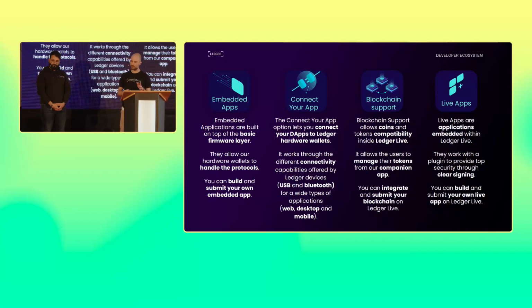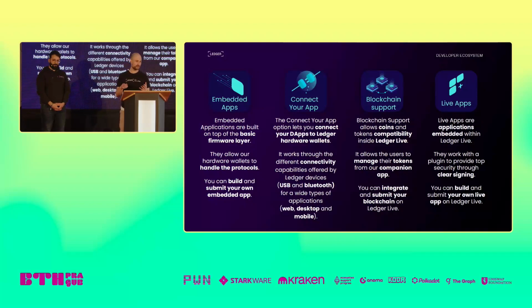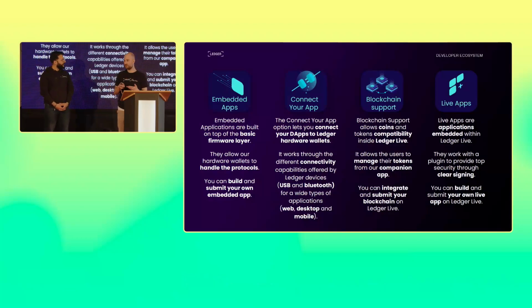Then we have two parts which are really linked to Ledger Live. So the companion app I mentioned, that's a more user-friendly way to interact with your device. We have the blockchain support. So this is how you can really interact with your blockchain on the Ledger Live app. So here you would have the native tokens management, so essentially the apps in Ledger Live to interact with your device.